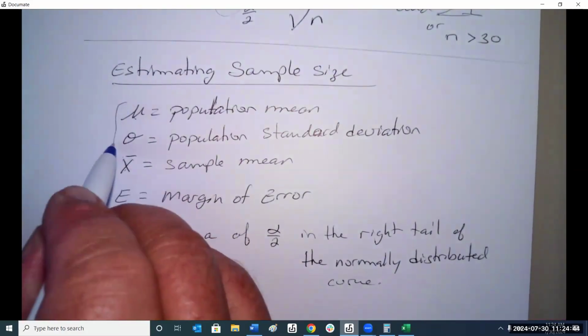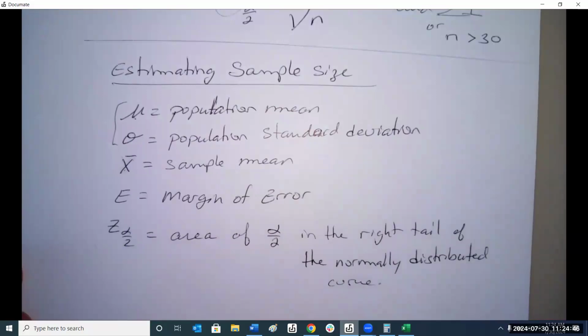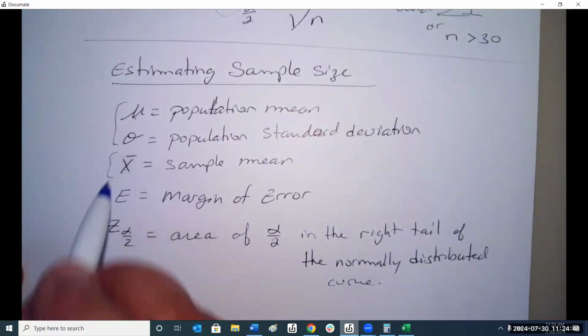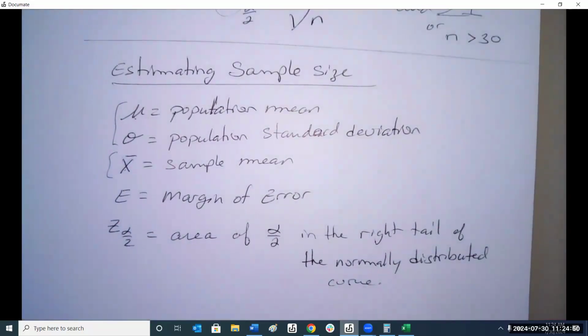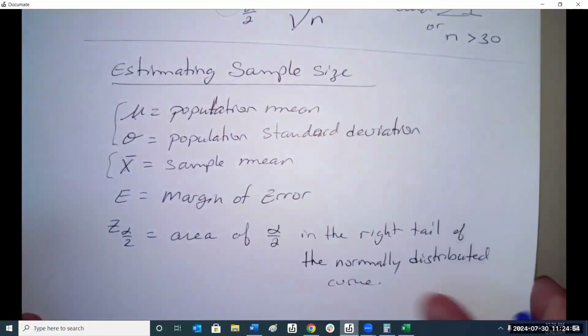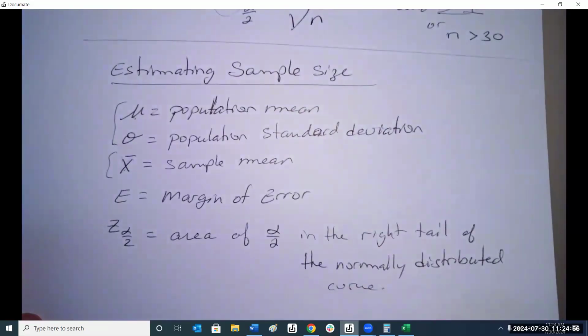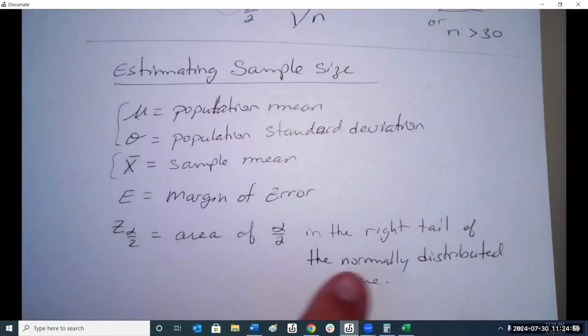So notice here, we have population information, and because of that, we're going to use a Z. And we're using the right-hand rule, the right-hand side.